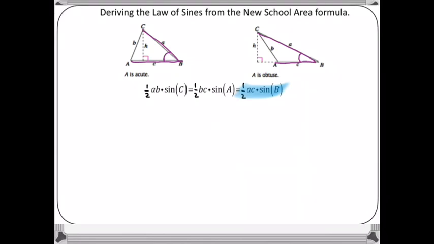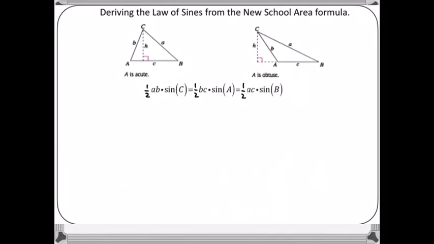Since they are all the same, we can write it as one expanded statement that they all equal the exact same thing, the area of the triangle. To derive the law of sines, we're going to do something kind of tricky here.